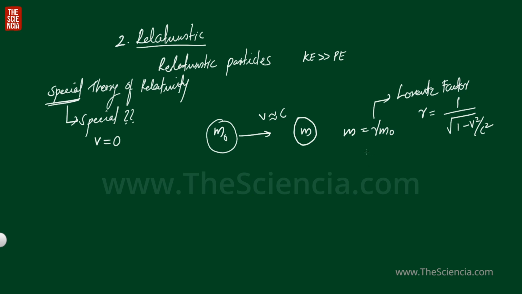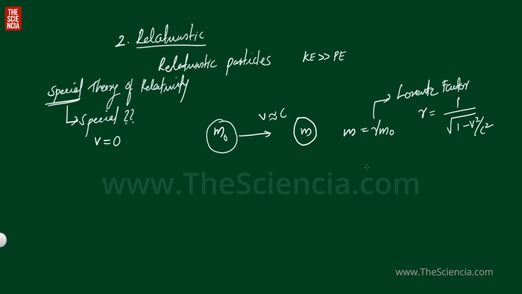So you can see that when the particle is moving with a high velocity, its mass is increased by a factor, the Lorentz factor. See, it is not the weight of the body, it is the mass of the body.